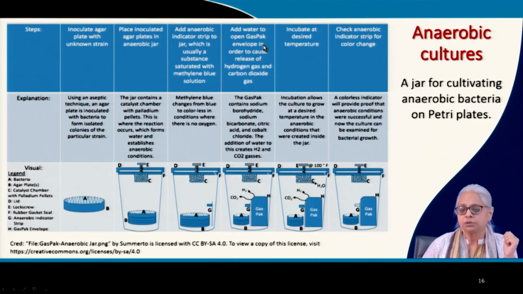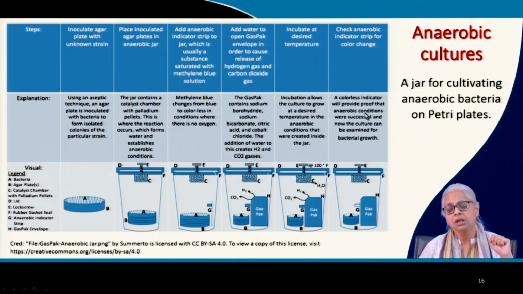You add water to open the gas pack that is part of this package, and it will cause the release of hydrogen gas and carbon dioxide, which replaces the original air inside the anaerobic jar. You can then incubate it at a particular temperature and check the indicator strip for any color change.